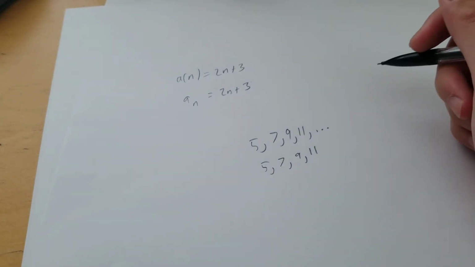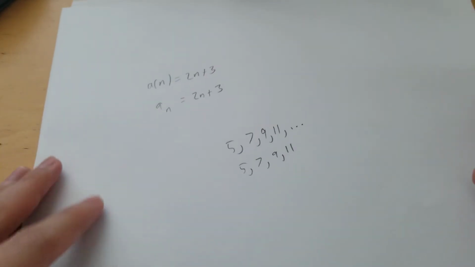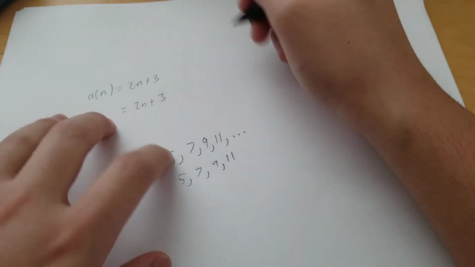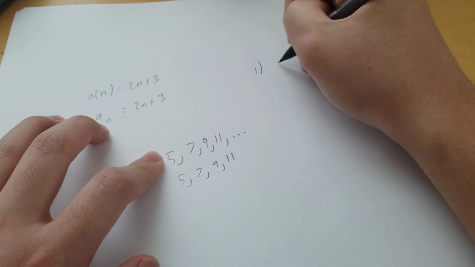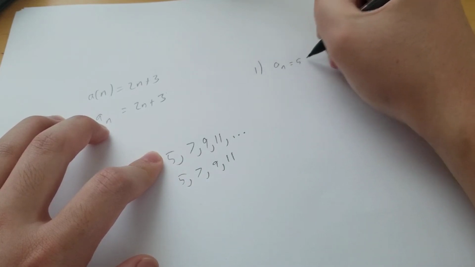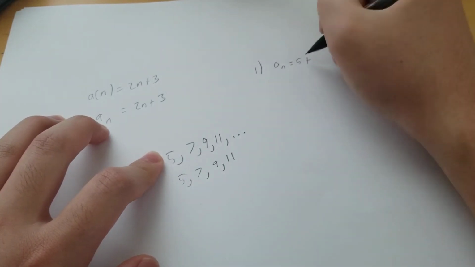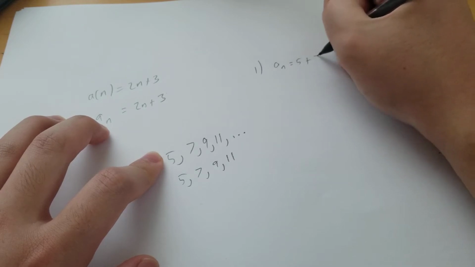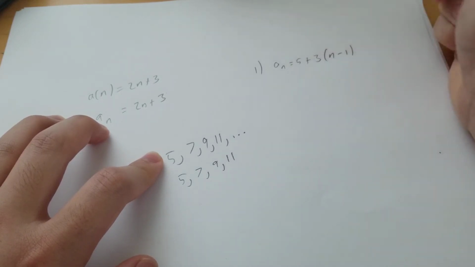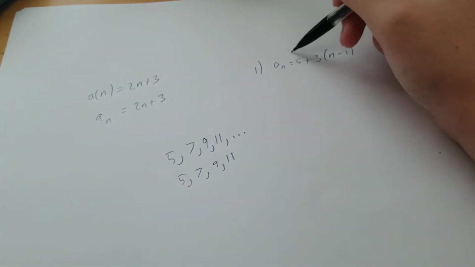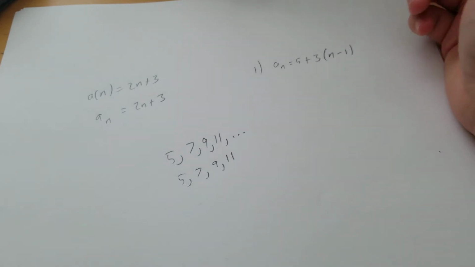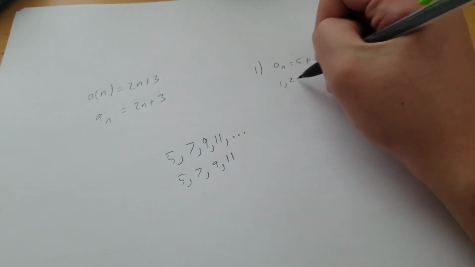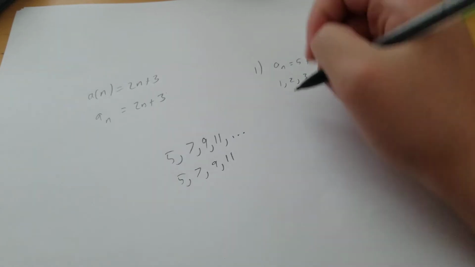Okay, so let's try an example. a sub n equals 5 plus 3(n minus 1). What are the first 3 terms of this sequence? So you want to find n equals 1, 2, 3, and you plug them in.